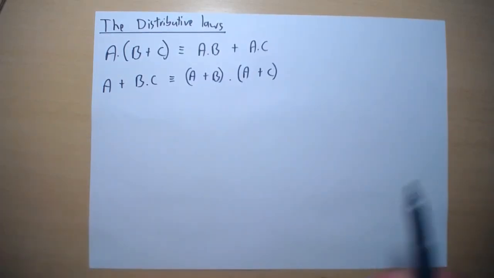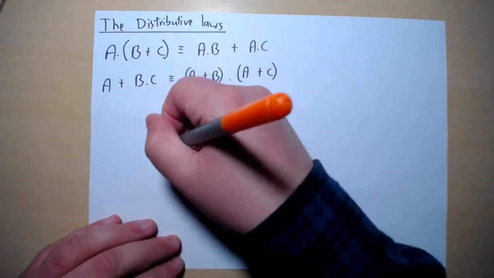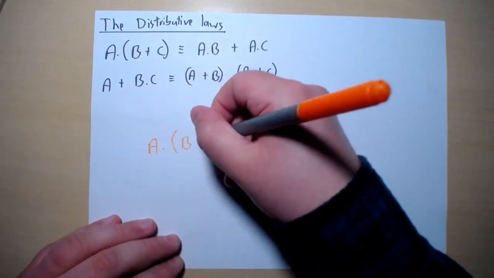So here we are saying that we have A and (B or C).